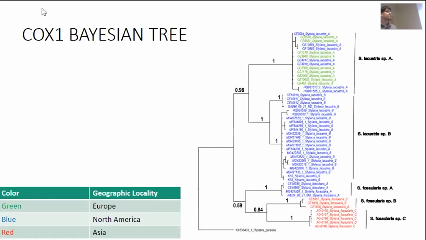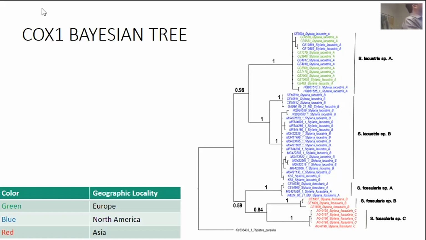So for our first tree, for a vast majority of these, we used COX1 because COX1 has the most available sequences. I color-coded these, but I'll help out since I didn't get time to change it to colorblind friendly. Up here, this top big block, these are our sensu stricto Stylaria lacustris. These are the ones from the believed type locality, or at least some of these are.